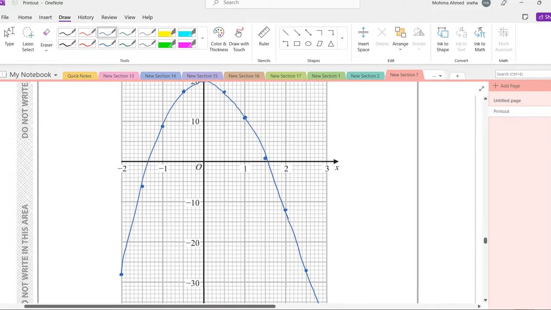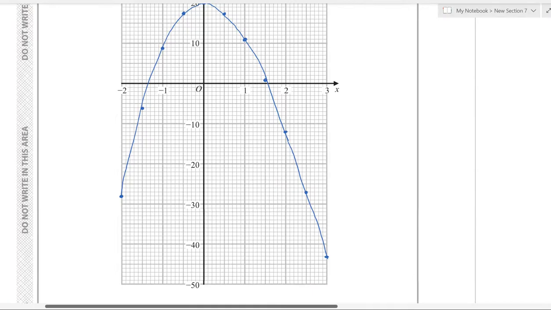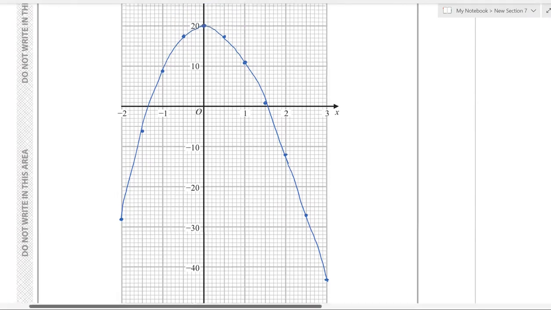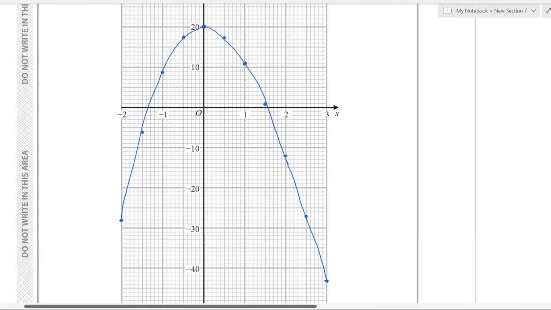So this is how the entire curve for 11 should look like. I hope the curve plotting was clear for you all to understand.